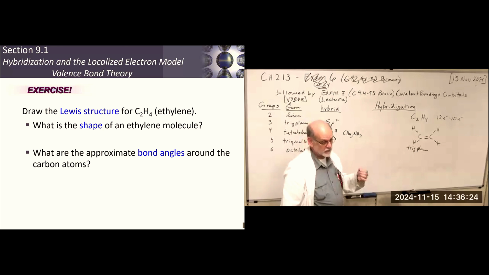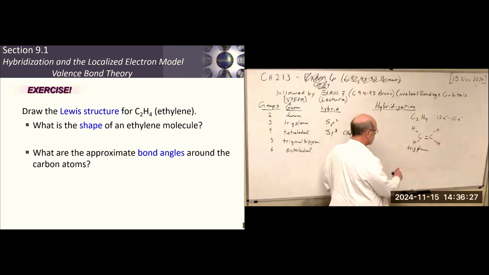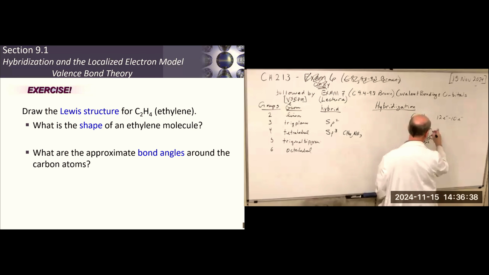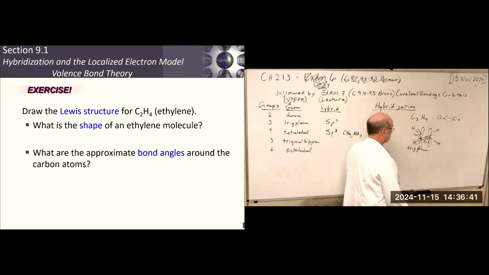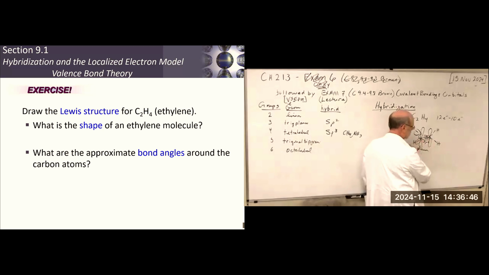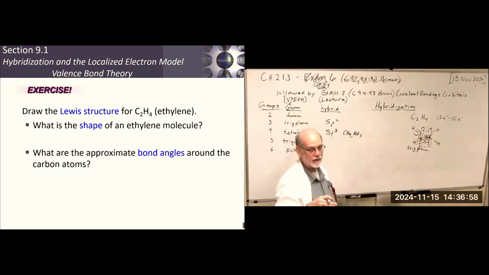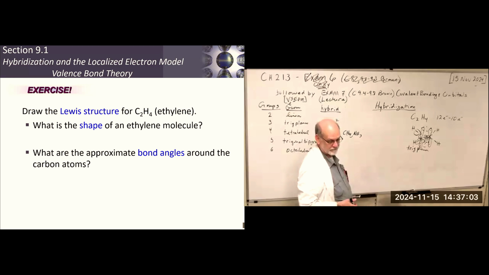That means we have a p left over that wasn't used. So the sp2s are like that, like that, like that, and then we have this extra p sticking out here. Actually, both of them have extra p's, right? So what are they good for? They're good for making that pi bond, that second bond. They overlap to make the pi bond. The pi bond is made by side overlapping p orbitals that were not used in the hybridization.